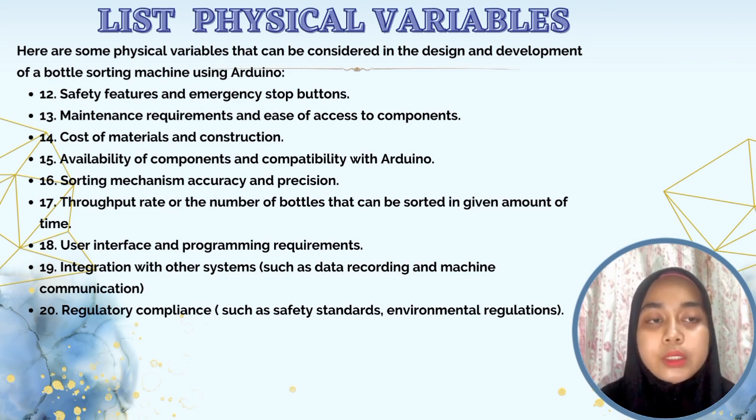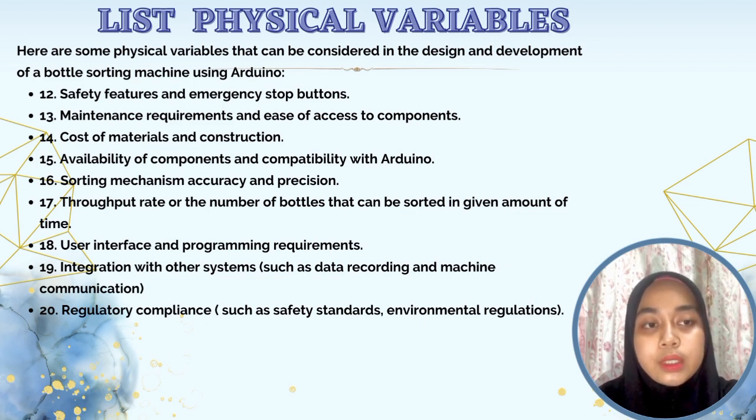Number 14, cost of materials and construction. Number 15, availability of components and compatibility with Arduino. Number 16, sorting mechanism accuracy and precision. Number 17, throughput rate, or the number of bottles that can be sorted in a given amount of time.